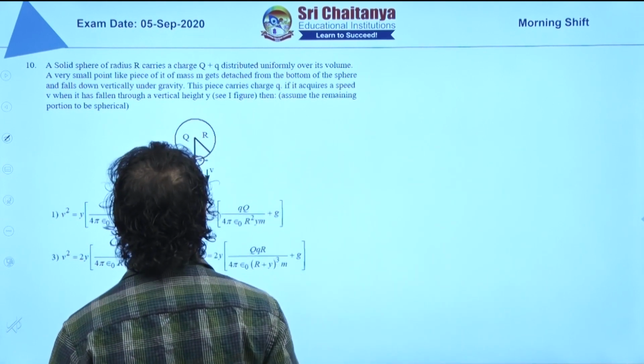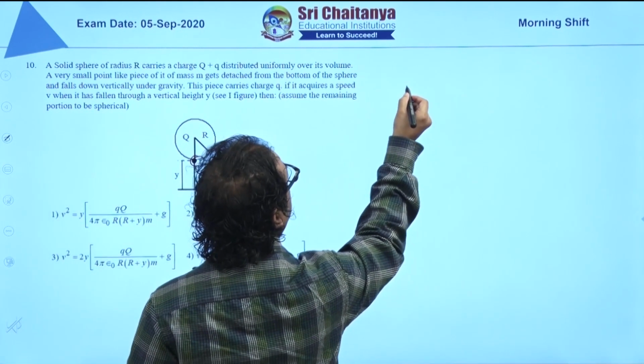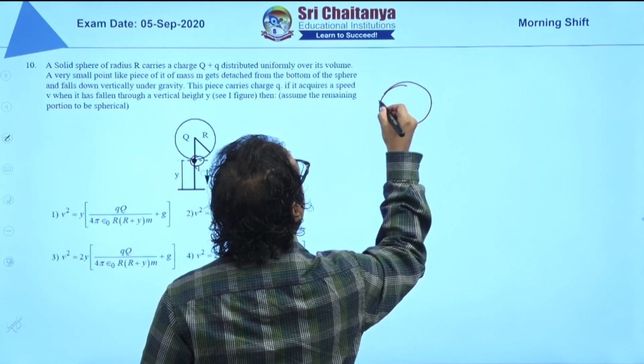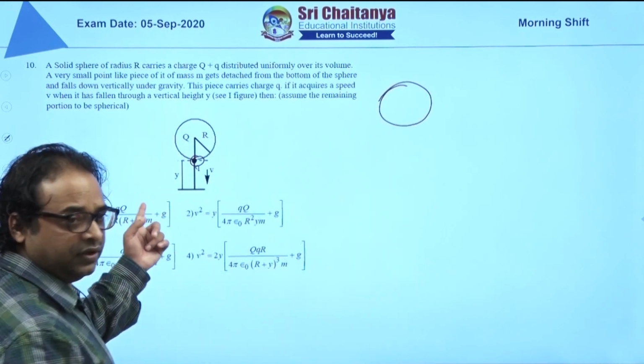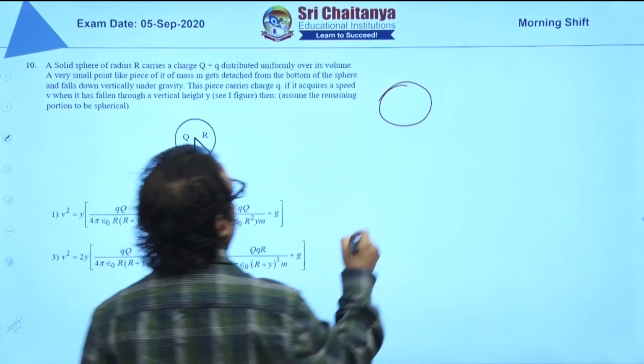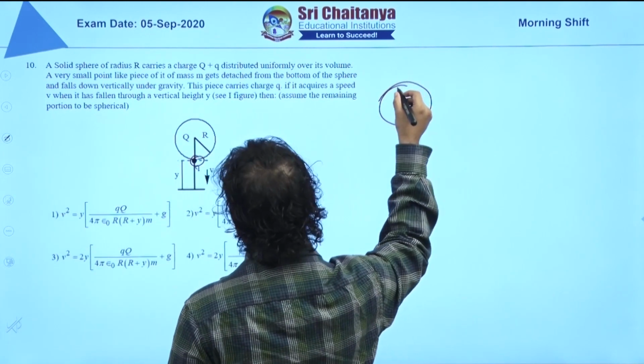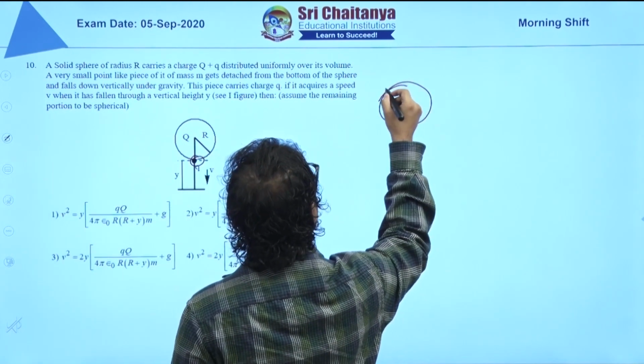So you can see over here, most probably this is fixed definitely, and this total charge was Q plus q.